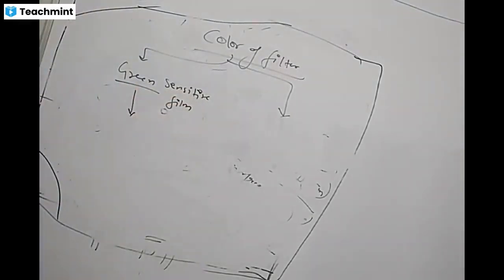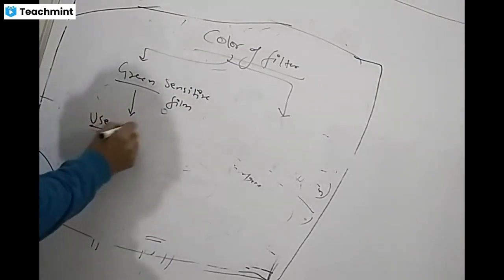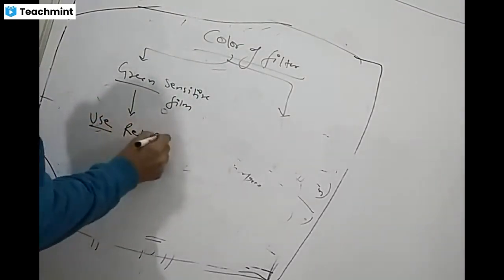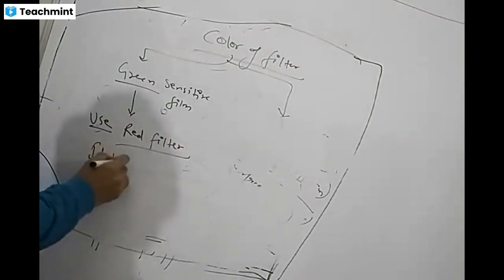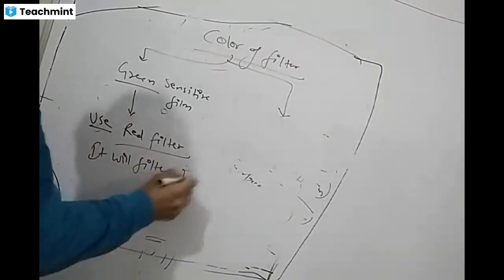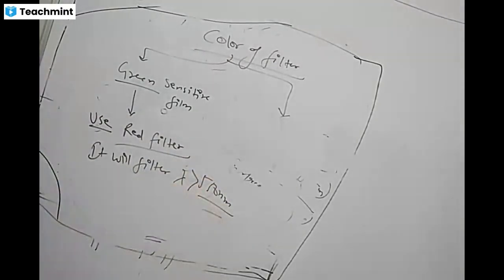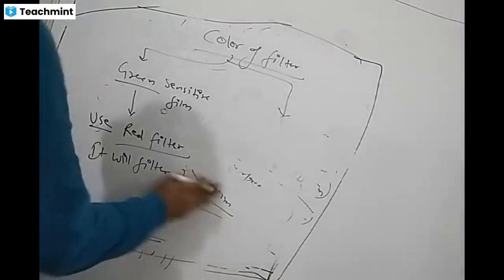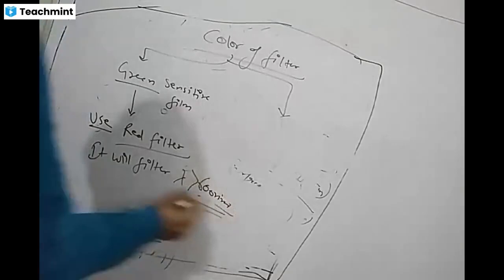If you are using green sensitive film, then it is recommended that you use a red filter, because this will filter wavelengths more than 600 nanometer, not 550.